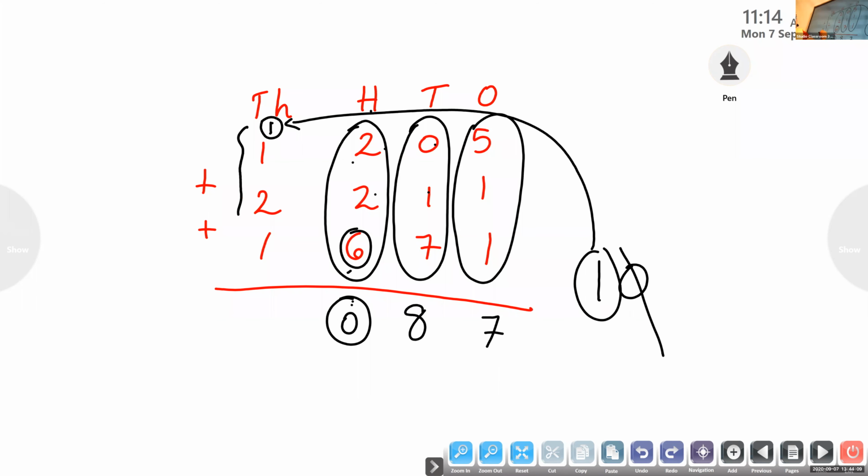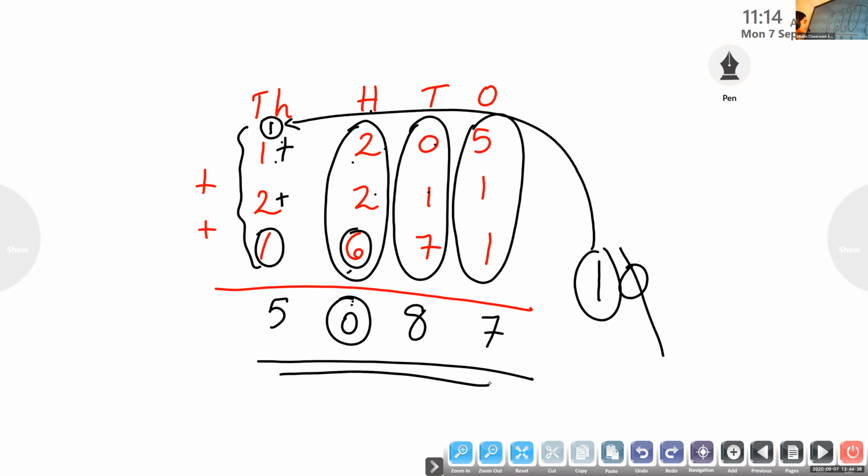Now we have to add these 4 numbers. 1 plus 1, 2. 2 plus 2, 4. 4 plus 1, 5. So this is the answer: 5087.